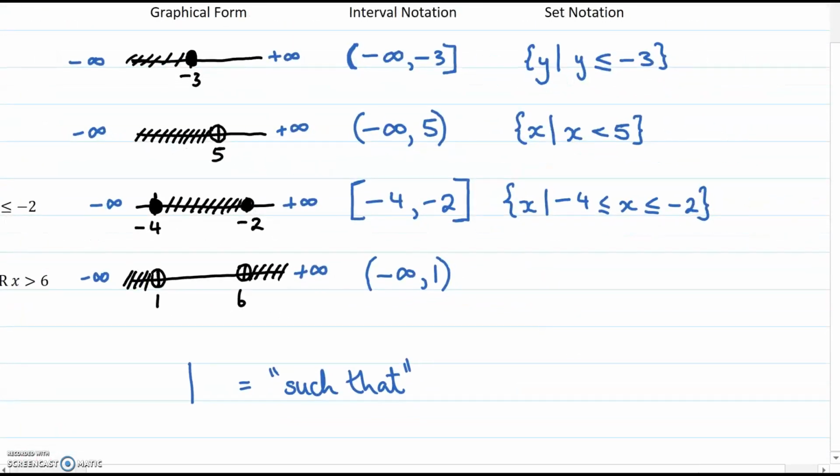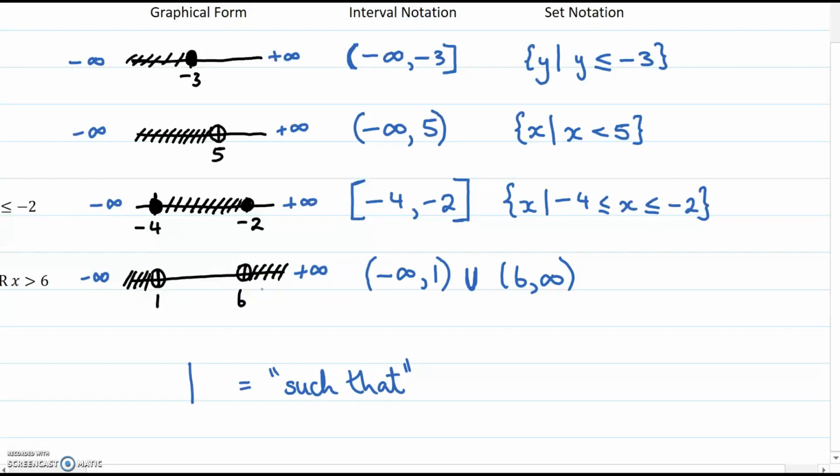And again, we're also going to use from 6 up to infinity. Then we're going to use union for those.